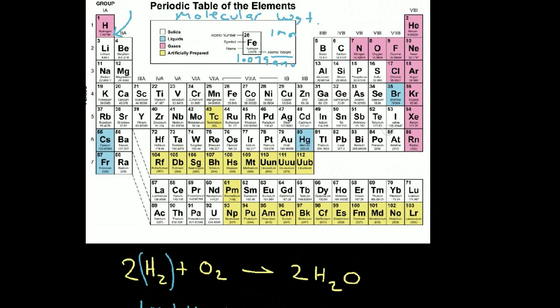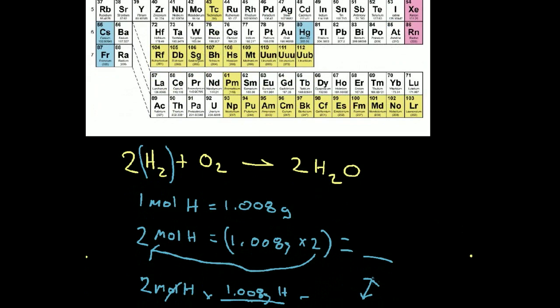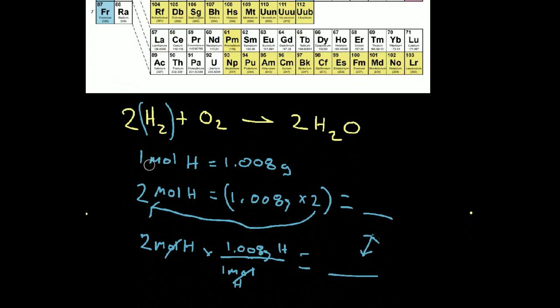So a little bit of terminology with this, okay? I said that for every 1 mole of hydrogen, it weighs 1.008 grams. Well, this 1.008 grams is called its molar mass.